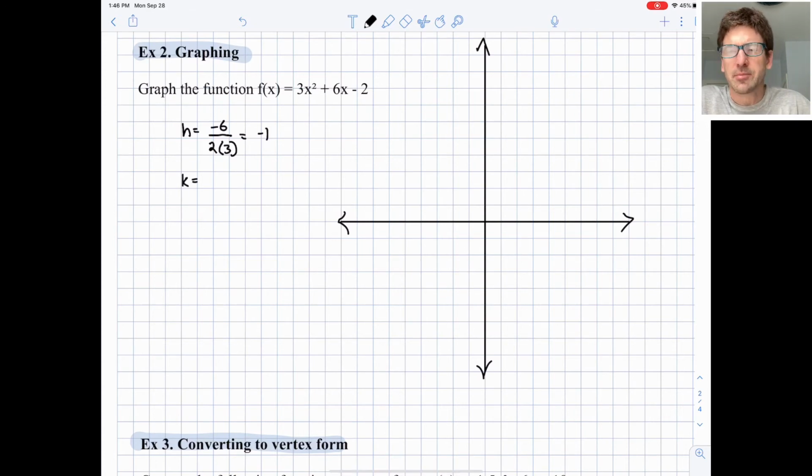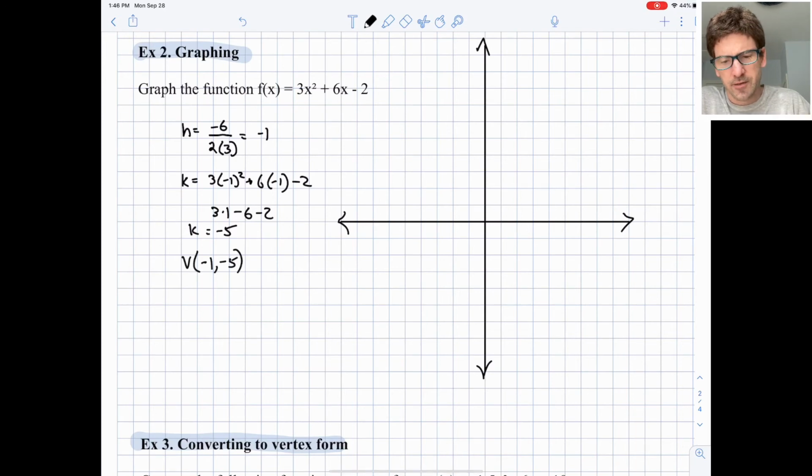In other words, let's plug negative 1 into our equation and see what we get. 3 times negative 1 squared plus 6 times negative 1 minus 2. This is 3 times 1 minus 6 minus 2, which is negative 5. So k is equal to negative 5. So my vertex is at negative 1 comma negative 5. So I'll plot that right there.